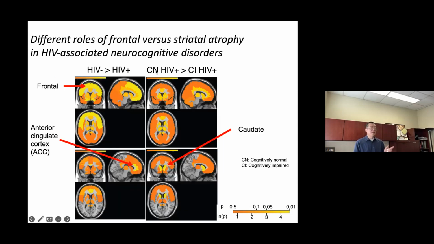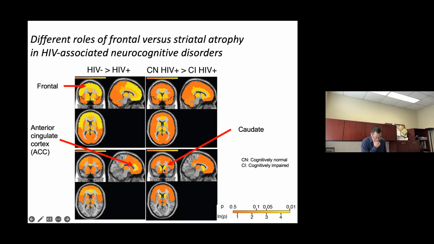But how about within the patient population? We look at patients who are cognitively normal without HAND, or cognitively impaired with HAND. At the more global level, it seems to be unclear. But when you look at the individual regions, how they contribute to HAND, it looks like the striatum, especially the caudate, seems to play a major role there.